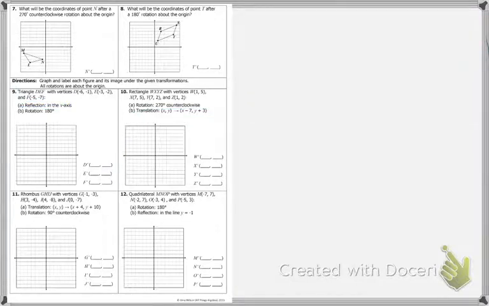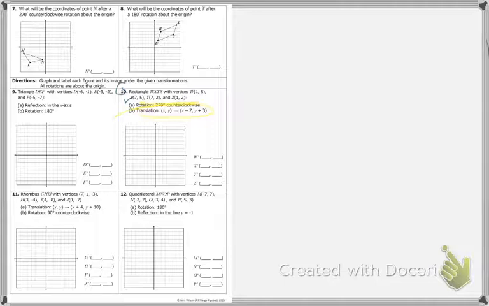So if we go to number 10, we're going to do A first, which means we're going to rotate 270 degrees. That's going to give us a new set of coordinates. And then, to those coordinates, we're going to translate according to the vector that they have given us there.